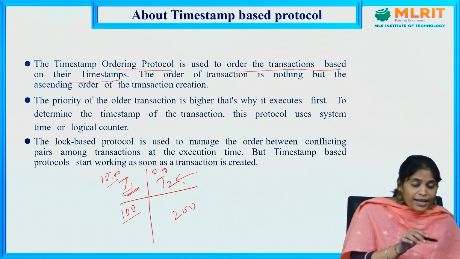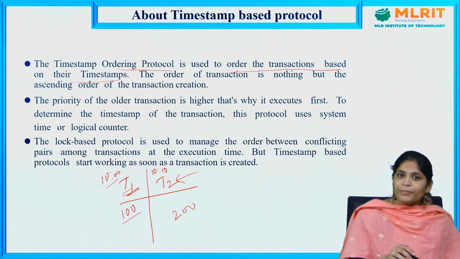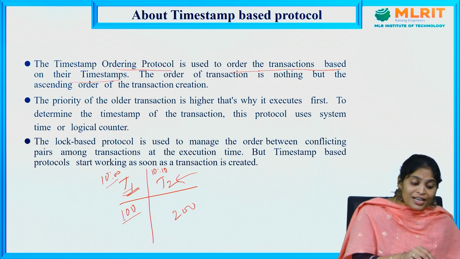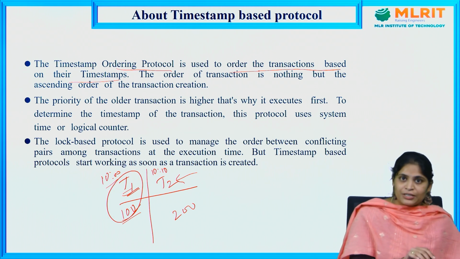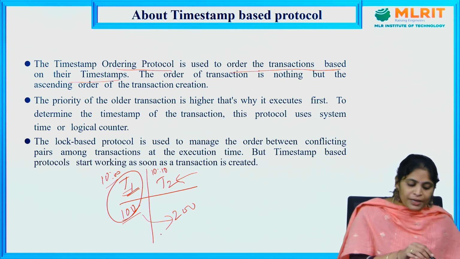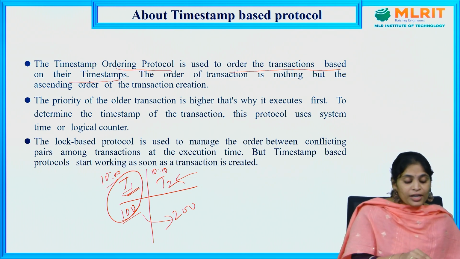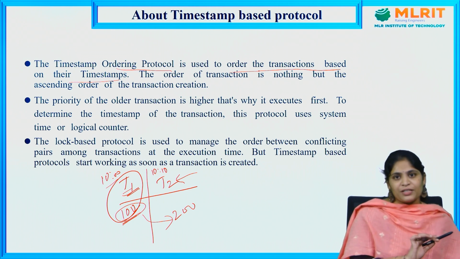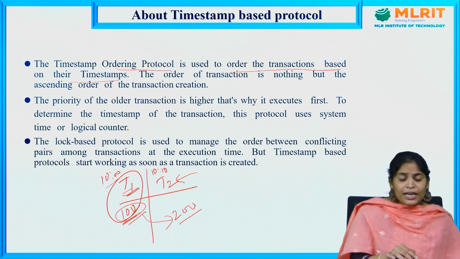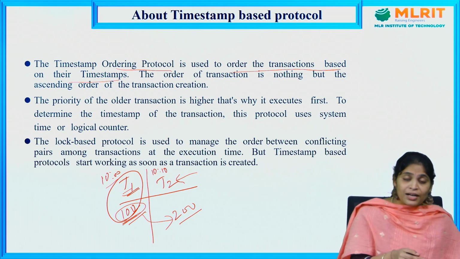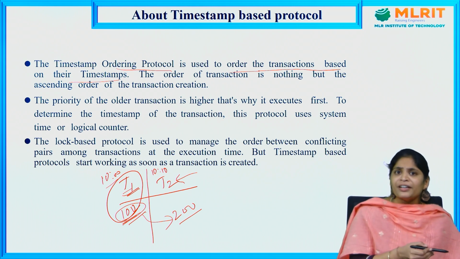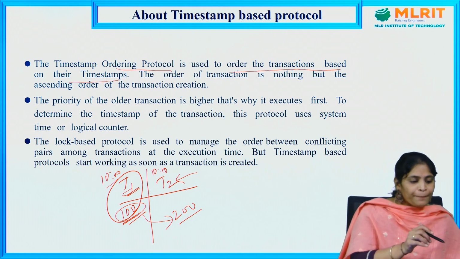Next, what is the point that you have to remember here? Older transactions must be completed first. Then only we complete the recent transactions which have entered. Even though the value is less, that means we have to complete the older transactions first. By seeing these values only, we can guess whether this is an older transaction or a recently entered one.